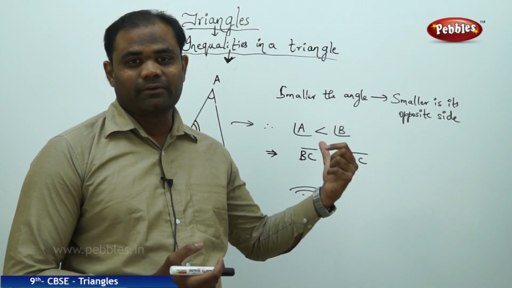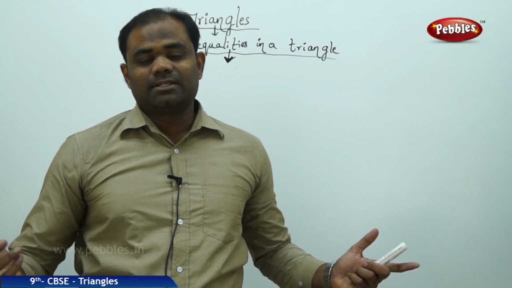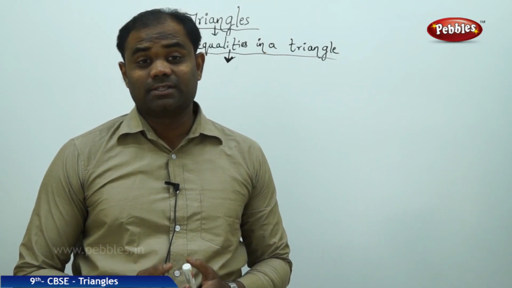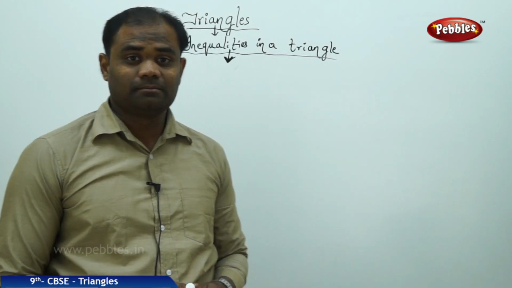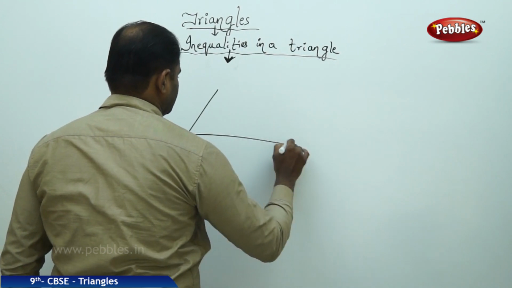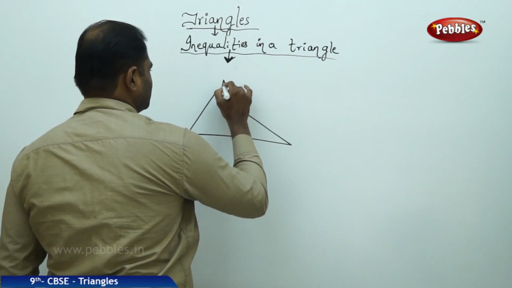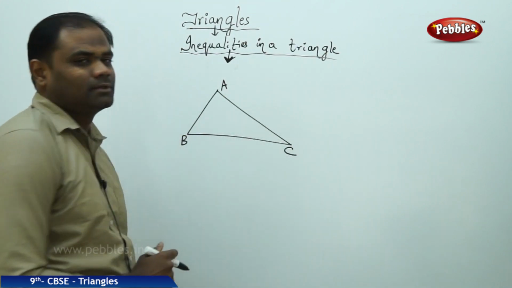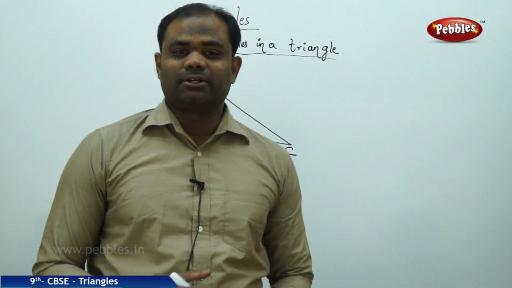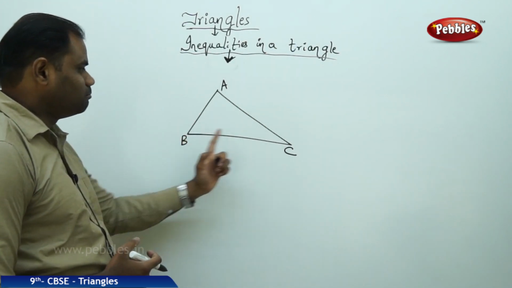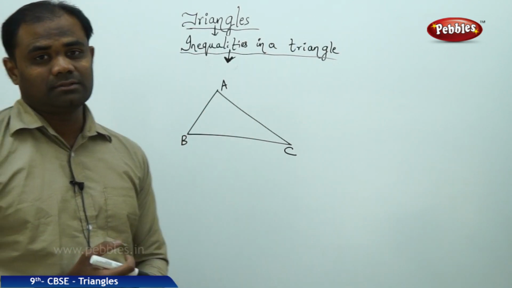Inequality in a triangle. Now let's see a property which connects the three sides of the triangle. Imagine I have a triangle A, B and C. ABC is a triangle in which the three sides are AB, BC and AC.